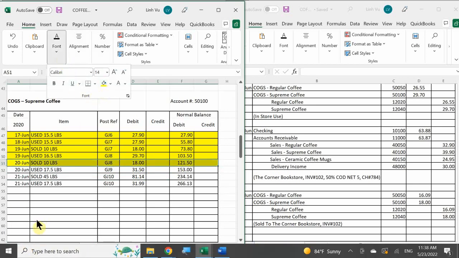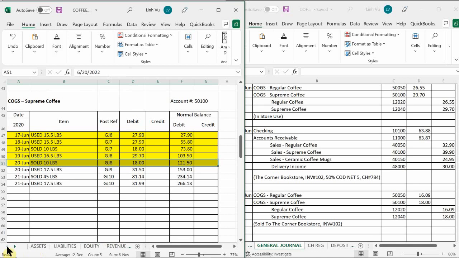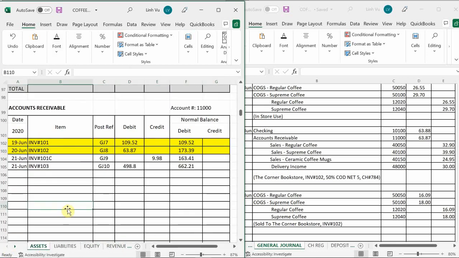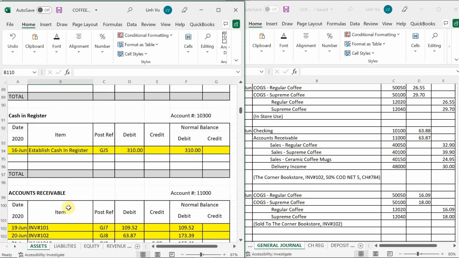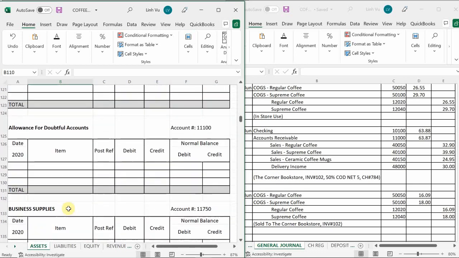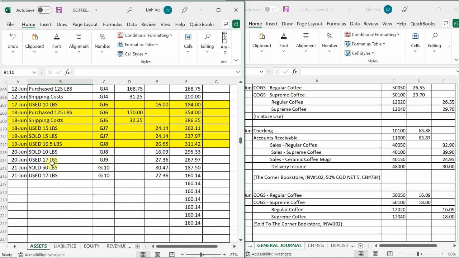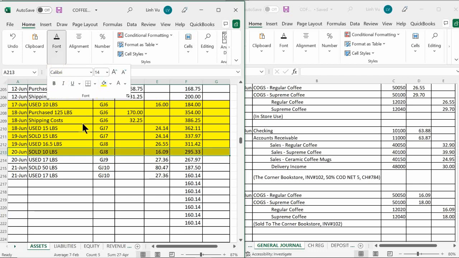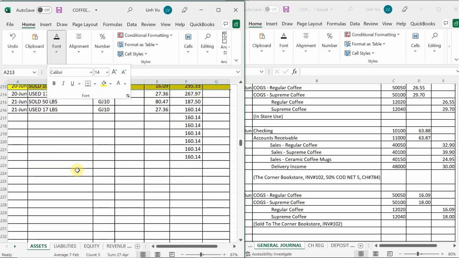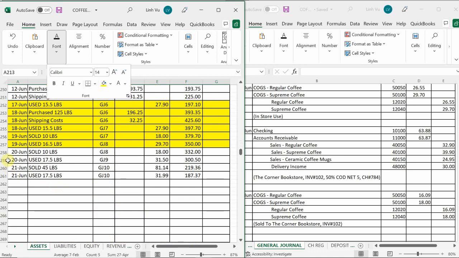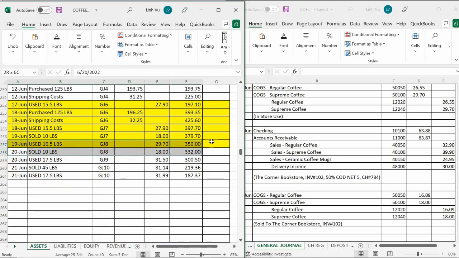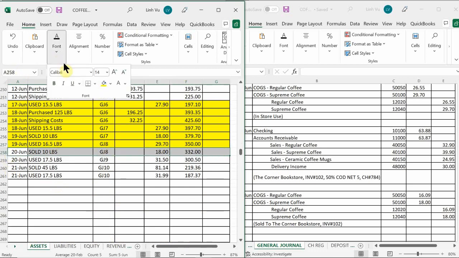Okay, and I need to subtract that out from my regular and Supreme coffees. So here's 1609. And then my Supreme, $18. Okay. So that concludes this page here.